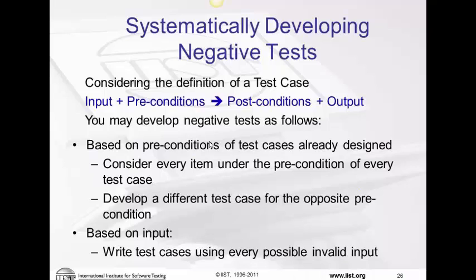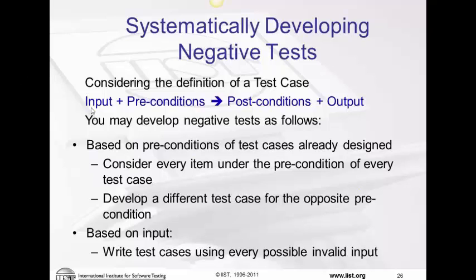So you say, okay, what is a valid order number? And someone says, an order number is normally a 6-digit number. So okay, let me try a 4-digit number. Let me try a 7-digit number. Let me try some alphanumeric. Let me try to leave it blank.